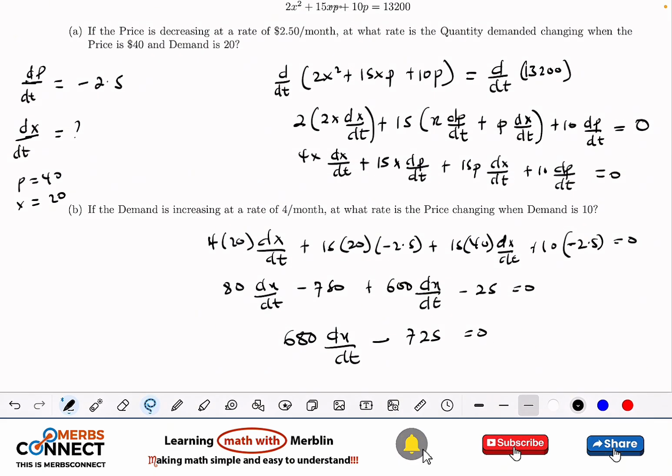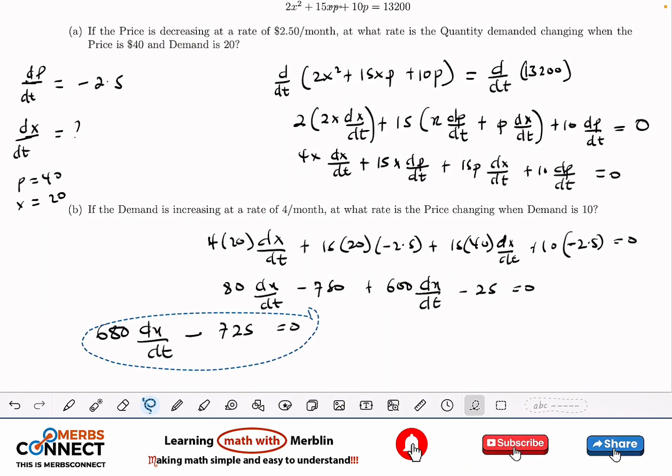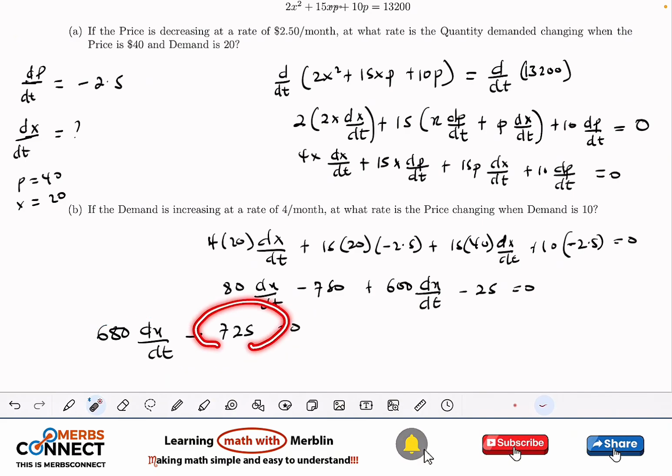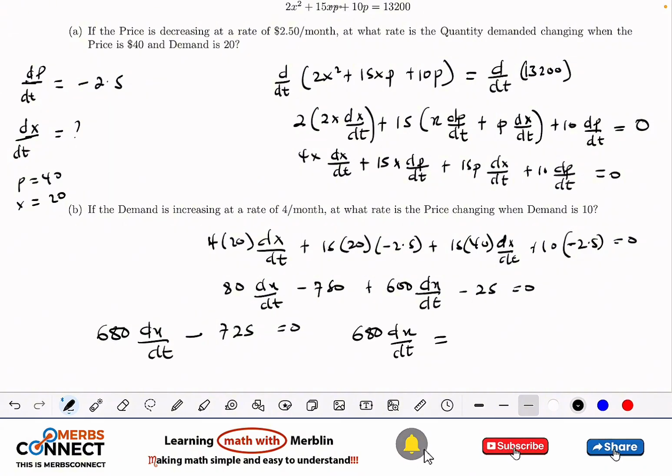So actually we are going to have something like this. I'll move this one to the left, or I'll add here. So I'm going to have 680 dx over dt to be equal to 725.